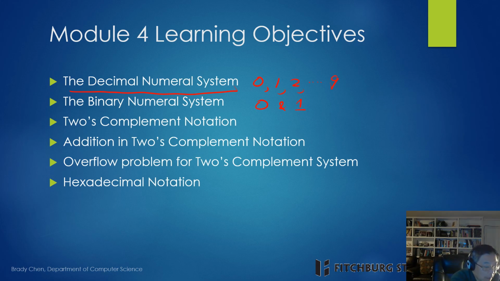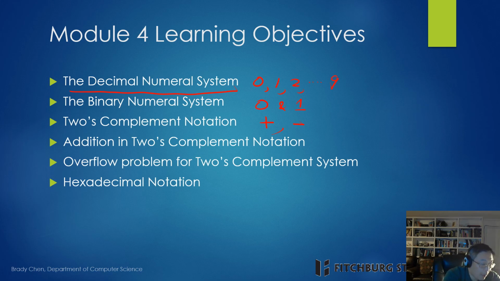So typically, when you do addition and subtraction, we will introduce the sign, like the plus or negative. But using 2's complement notation, we can eliminate these positive and negative signs.